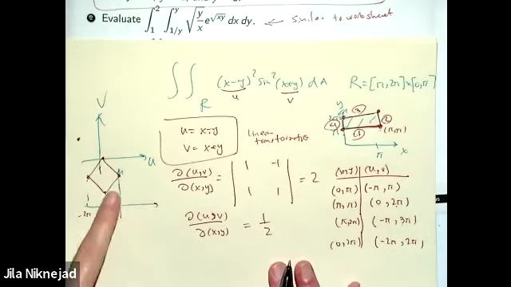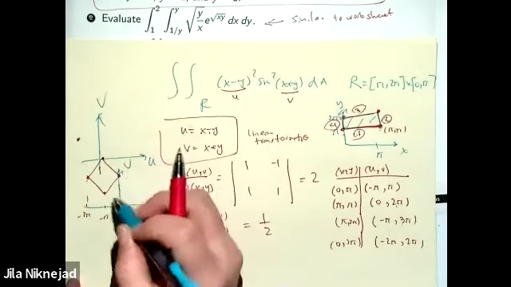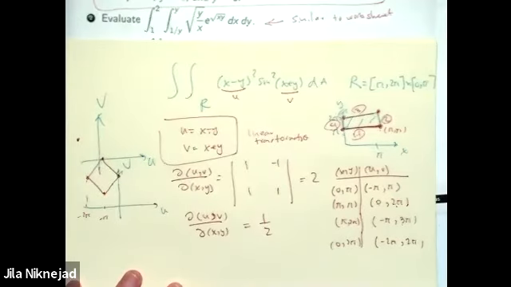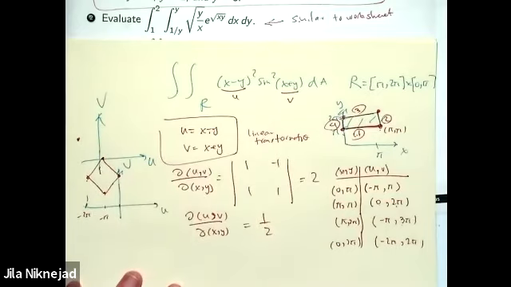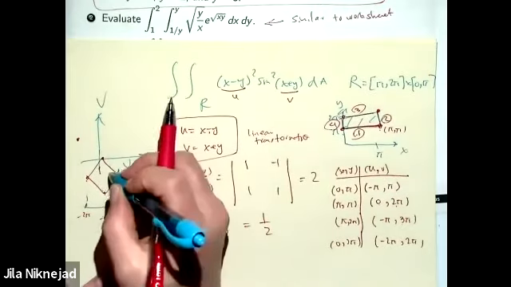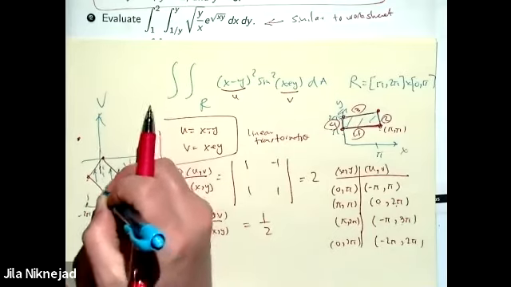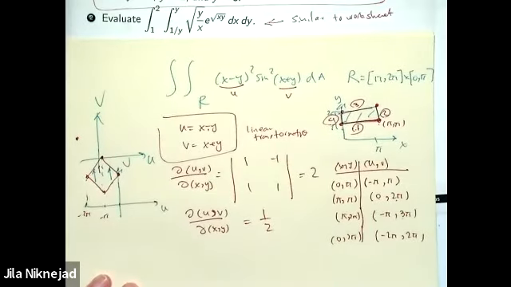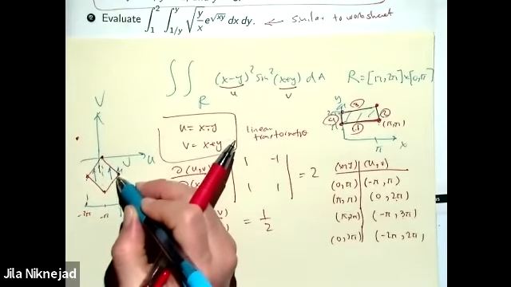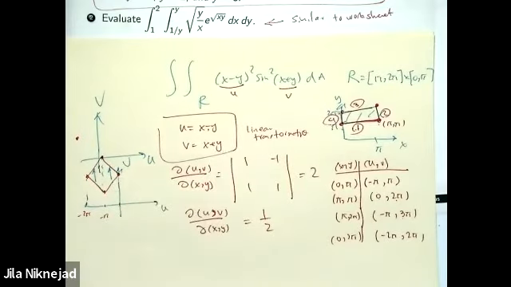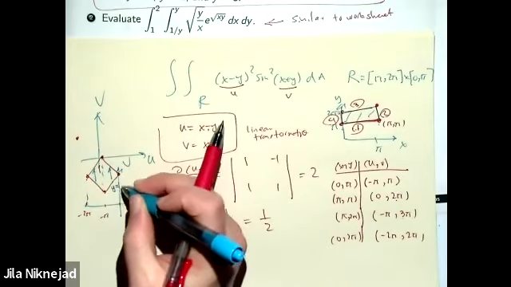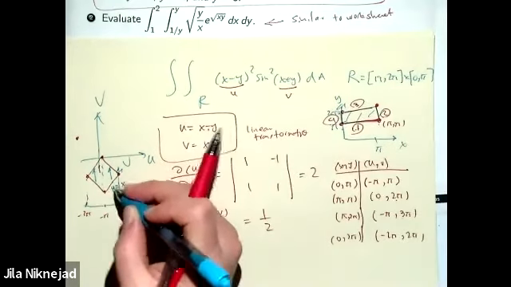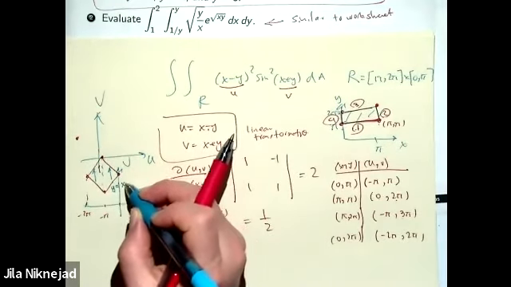And now that the region changed drastically in the UV plane, you have to find the bounds, basically. Let's say U bound goes from negative 2 pi to 0. Am I right? And then I have to find these two bounds. It would be 2 sets, basically. This seems to be V equal to U plus 2 pi.